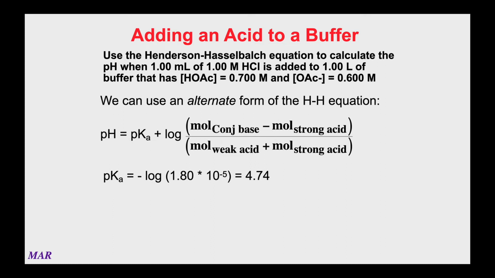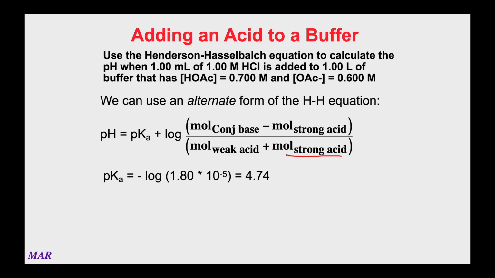In this version, you must use moles, but if you use moles of base over moles of acid, well, the moles of strong acid will attack the base, but as much as they lower the base, they will also raise the weak acid. So you can see here what's happening. The strong acid is lowering the base and it's increasing the weak acid, which is kind of cool.